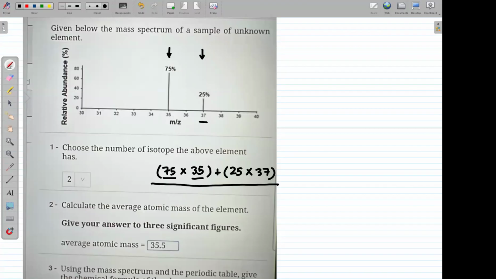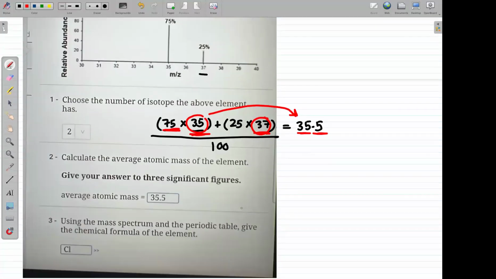Then we divide this by the total, which is 100. So I'm going to get an average between the two numbers, 37 and 35. Because the abundance of 35 is much bigger, it's normal for your average to be closer to 35 than 37. By calculation, you will just get 35.5.